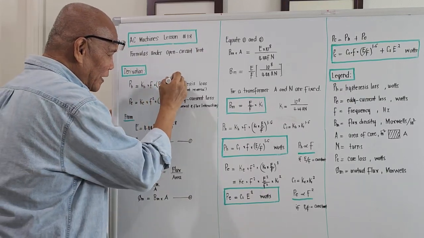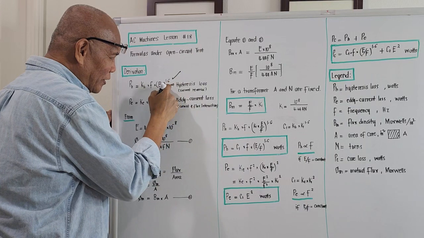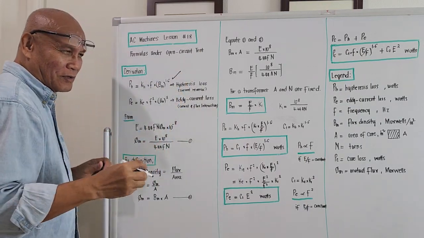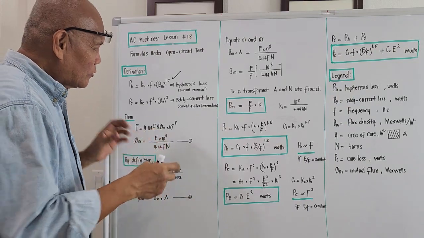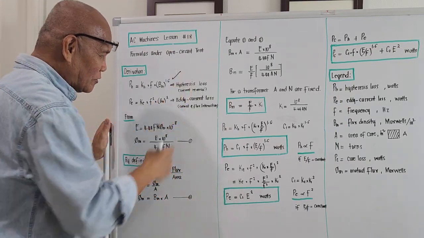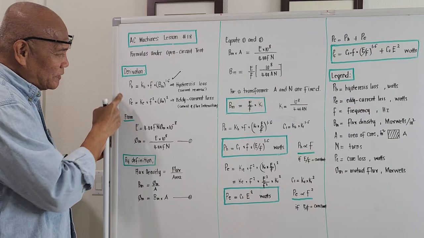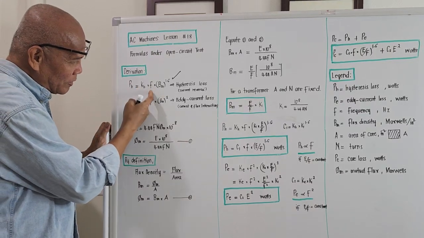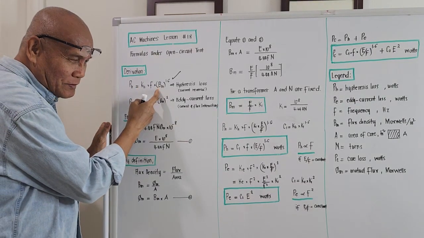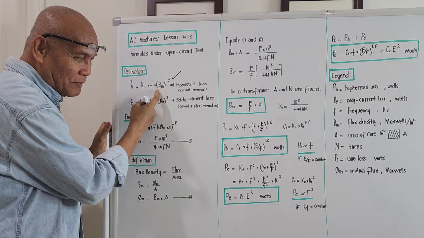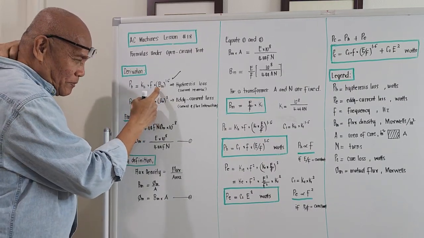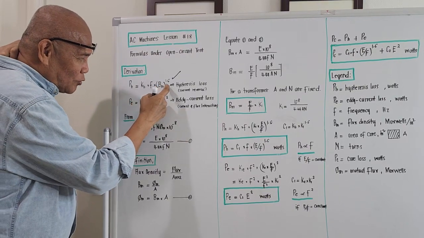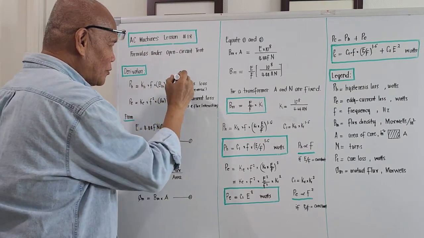Okay? I don't know how they were able to arrive at this 1.6, but the engineers before performed an experiment on how to compute this hysteresis loss. So I will repeat it. PH will be KH times frequency times the flux density, capital letter B with the subscript M, the mutual flux density, raised to 1.6, and the unit of this should be watts.